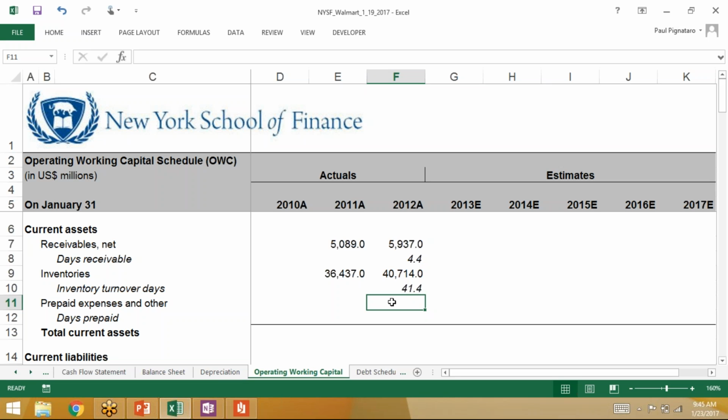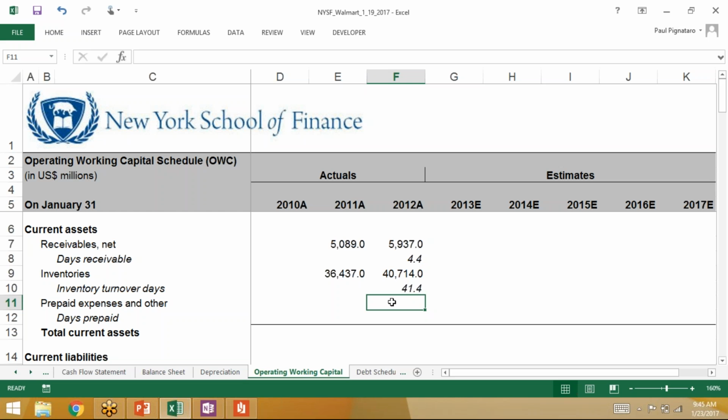It's stock. It's the products that they don't sell yet. It's just sitting on the shelves. Yeah. So you got to keep a little bit up there, right? 41.4 is probably good. They're probably making sure it's moving fast. It's more than 4 days, right? If it's 4 days, that means they basically have empty shelves, right? You got to at least have some. So I just wanted to make sure you got something tangible to picture there.